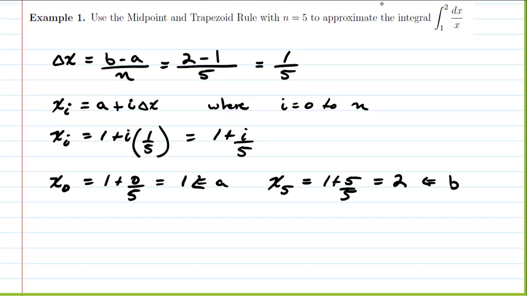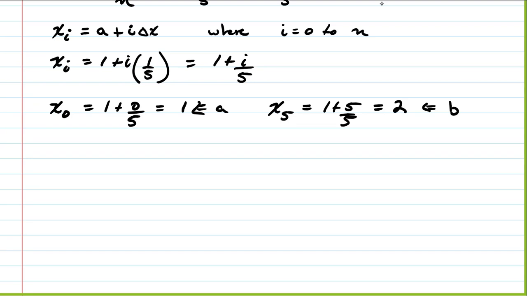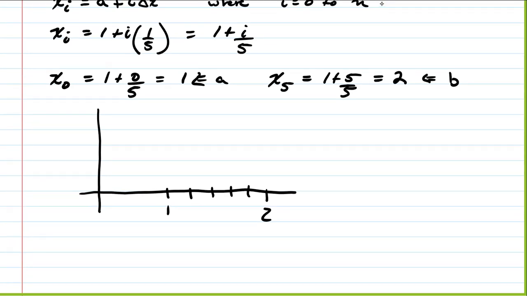So if we were to draw a picture of what's going on, if this is 1 and this is 2, we have x sub 0, x1, x2, x3, x4, and x5. Our partition is dividing the number line into these distinct pieces.